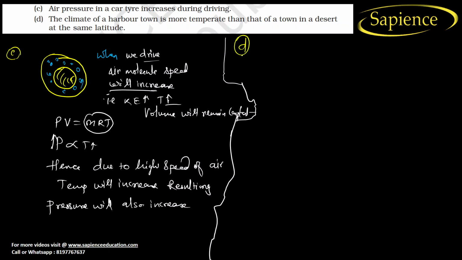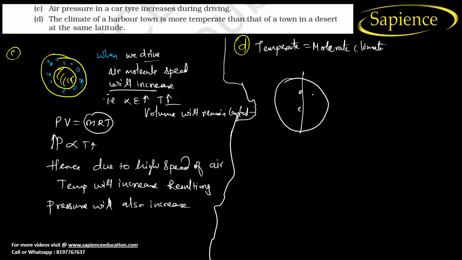Now there is a second part of the question. They are telling us that the climate of a harbor town is more temperate than that of a town in a desert. Temperate means moderate climate. So let us consider this is the earth and there are two places with the same latitude.